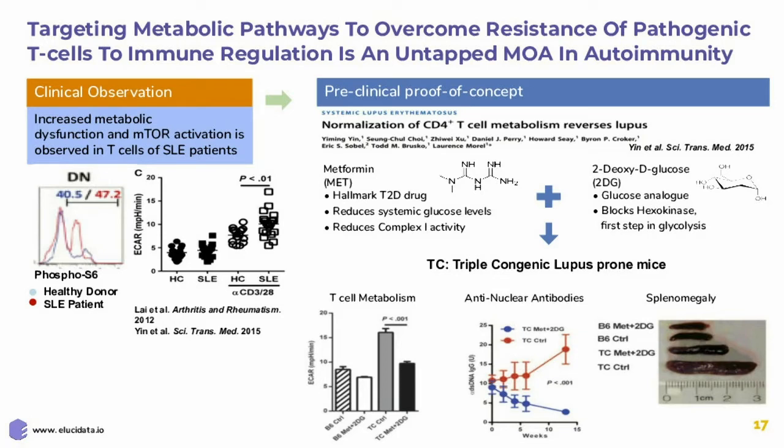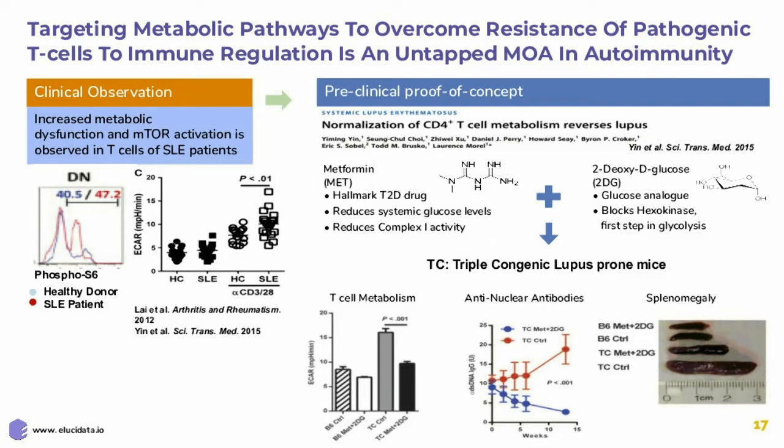And what Laurence Morel's group demonstrated was that treatment with two metabolic regulatory drugs, metformin, that is heavily used in type 2 diabetes, which reduces systemic glucose levels, and 2-deoxyglucose, which is actually just simply a glucose analog and blocks hexokinase, the first step in glycolysis, could result in dramatic inhibition of the inflammation that is associated with lupus, with the mouse model of lupus.